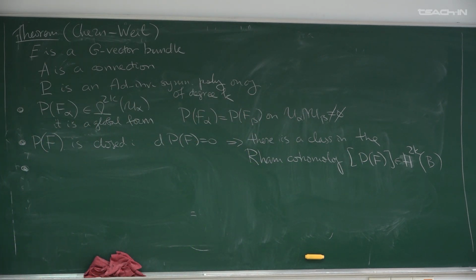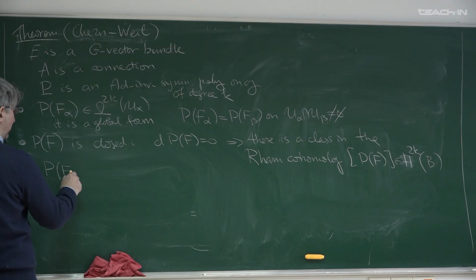But if something happens, he will not be happy. It's invariant on something? G doesn't act on E, so no, there is no G action. It's the base. So he will be absolutely happy if this class does not depend on the connection. It's an important thing.